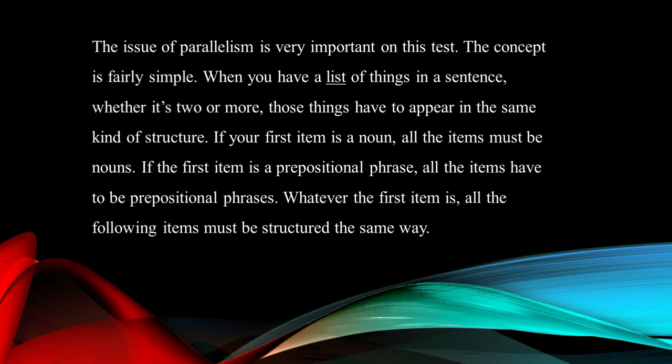It's not tied just to nouns. It could be adjectives, it could be prepositional phrases, it could be anything. So your first task would be to find the error in parallelism, two things that are not structured the same, and you may have a variety of ways to make that parallel.